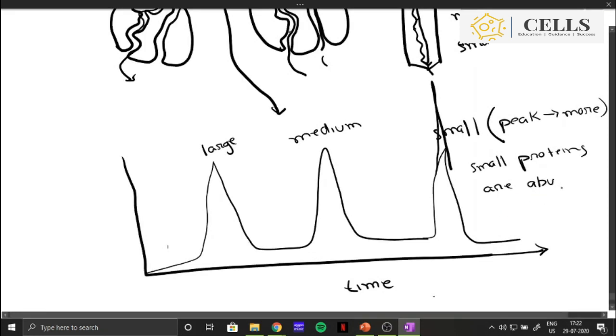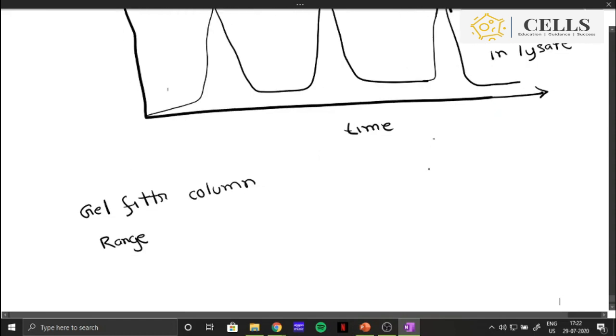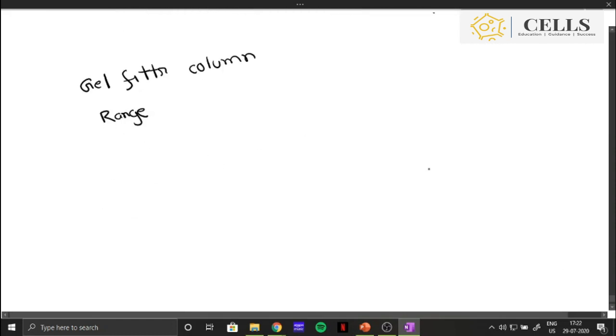The small proteins that are present are abundant in lysate. So the smaller peak will be large, just like it has been seen in the experiment. The smaller one, the peak is very large.